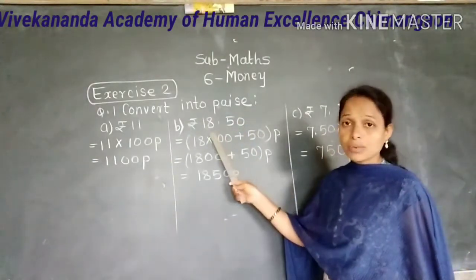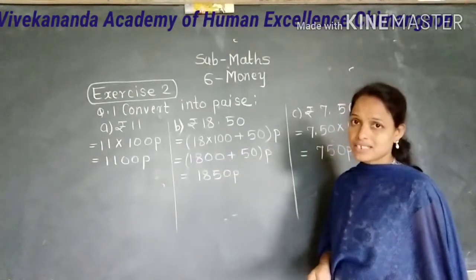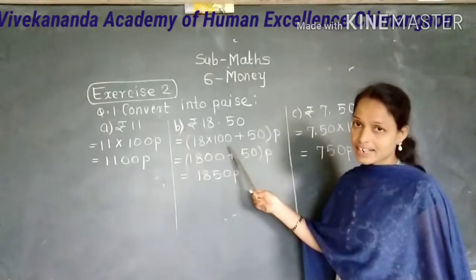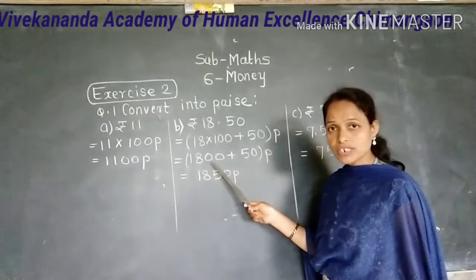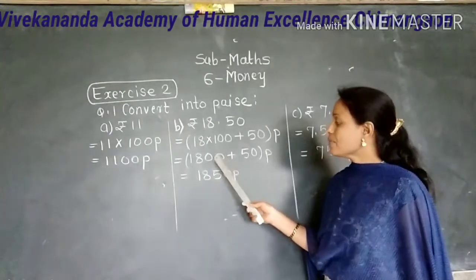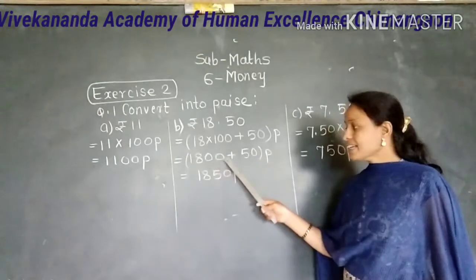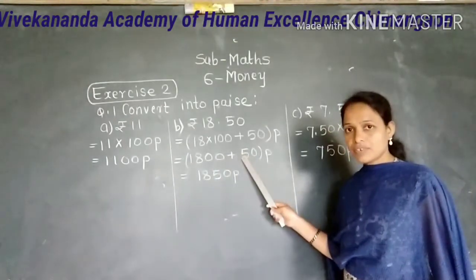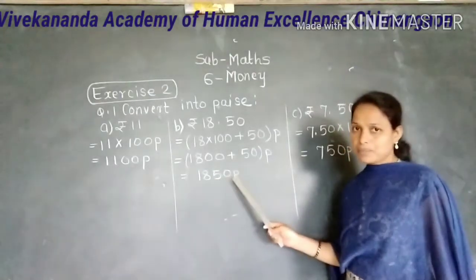We multiply 18 by 100 because 50 is already paise and will be added. 18 multiplied by 100, we get the product 1,800. In that we add 50, so 1,800 plus 50, we get 1,850 paise.